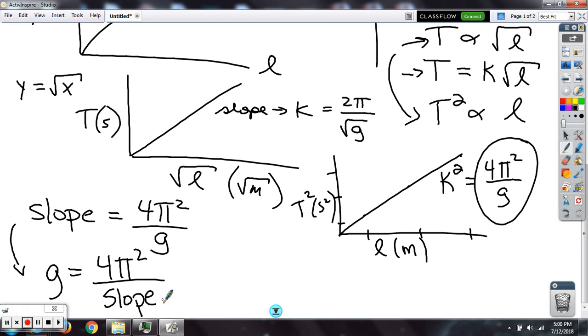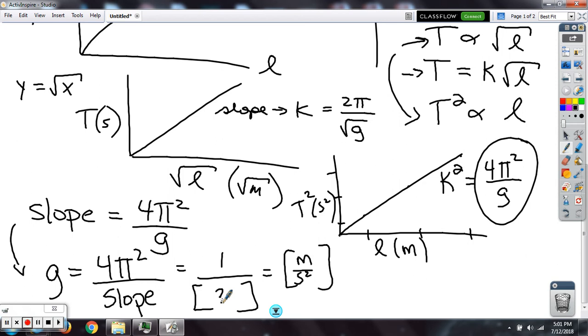Now, interesting also, the slope should have a unit, and you can figure that out by doing a unit analysis here. What units should the slope have to make this side equal to meters per second squared?